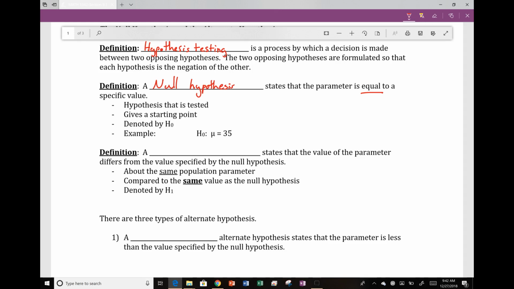So whenever we're looking at hypothesis testing, our null hypothesis is always going to look like this. We are only going to concentrate on looking at the population mean, the mu. You can use the population standard deviation, the population variance, the population proportion.